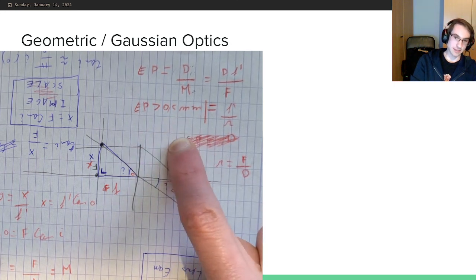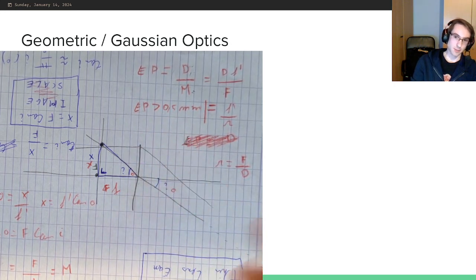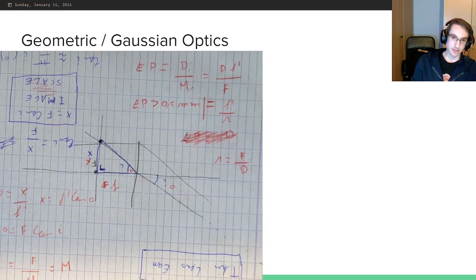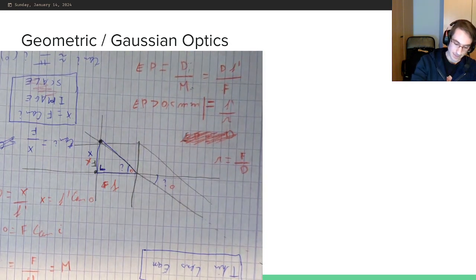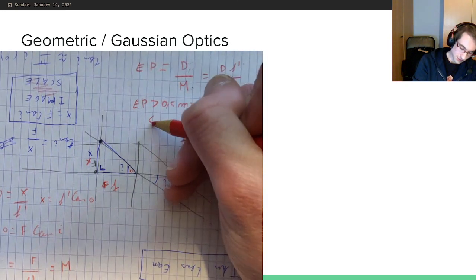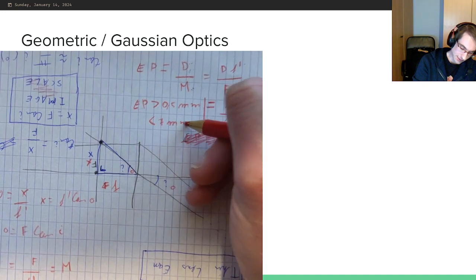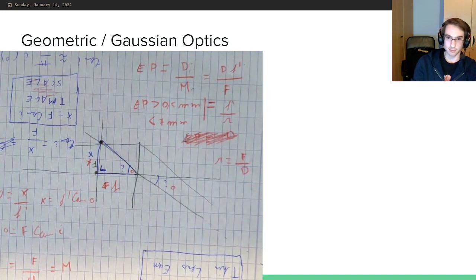Even if it's already less than 1 millimeter, it's probably not going to be great unless you have a really, really good scope and really, really good quality optics. And then also, you should have it be less than 7 millimeters as a guideline, or whatever the diameter of your eye pupil is. If you go bigger, you're losing light.